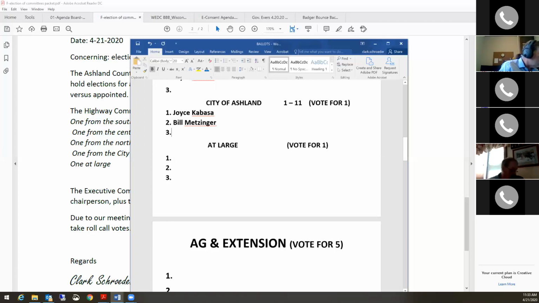Wiener, Bill. Judy, Metzinger. Murdig, Metzinger. Negro, Kabasa. Kabasa 7, Metzinger 14.